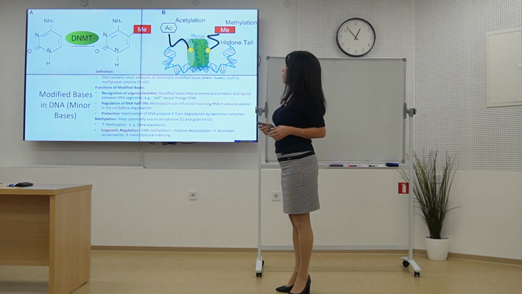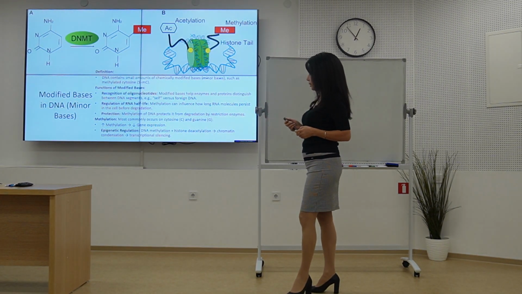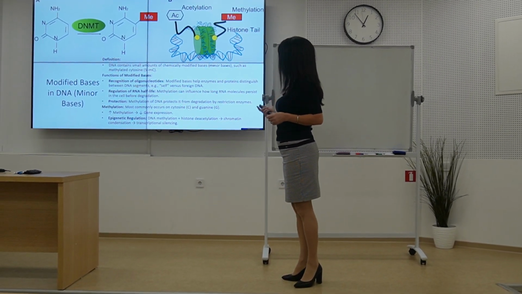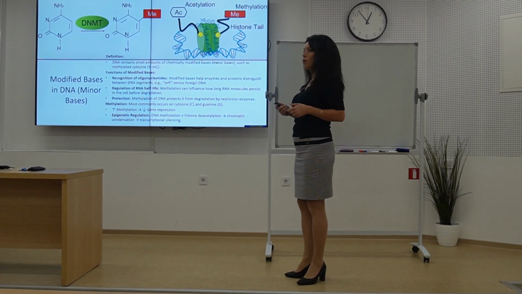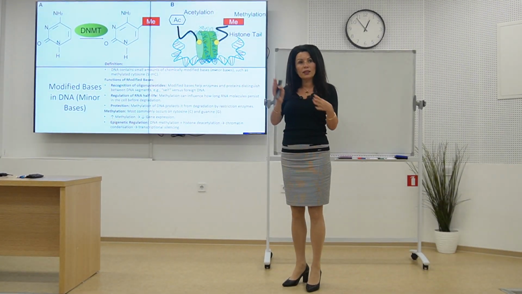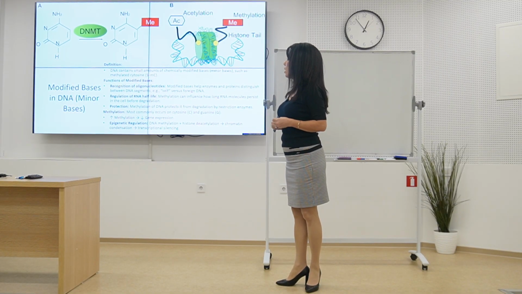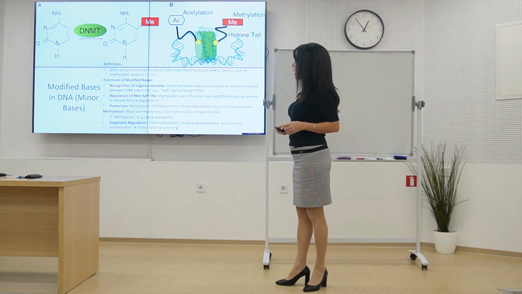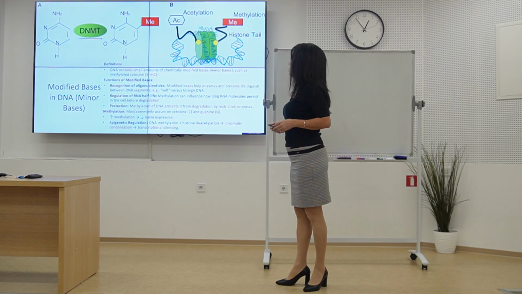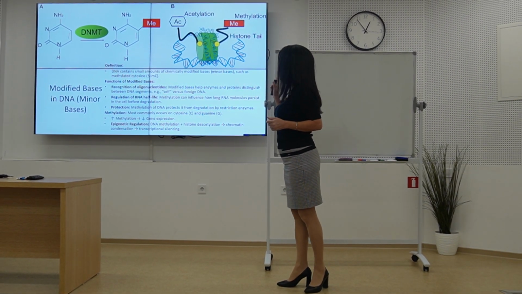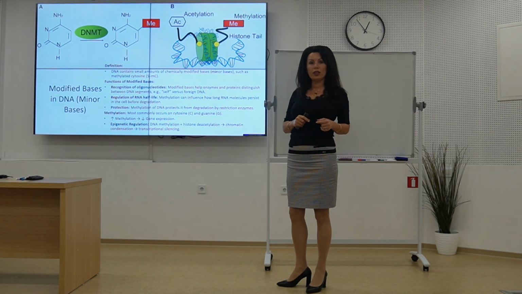What are the functions of modified bases? Number one is about the recognition of oligonucleotides, because modified bases help enzymes and proteins distinguish between DNA segments, for example, the self bases from foreign bases. Number two, about the regulation of RNA half-life, because methylation can influence how long RNA molecules persist in the cell before degradation.